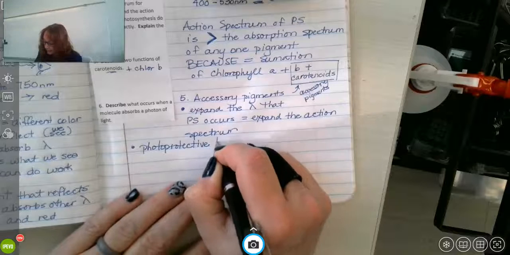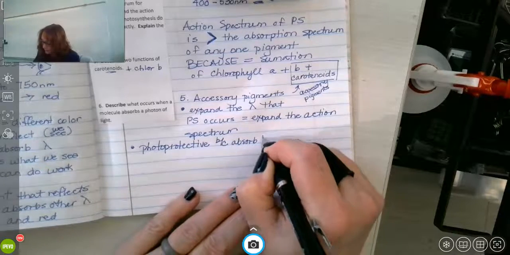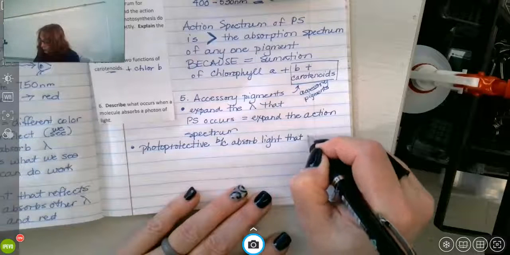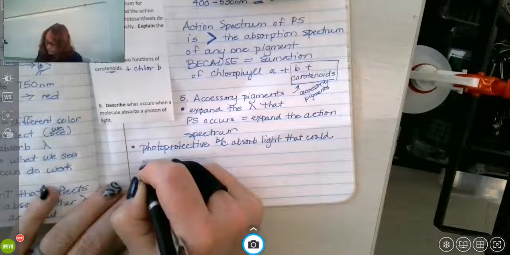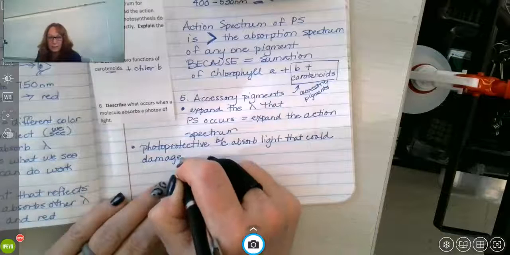That's because they absorb light that could damage, because it's energy.